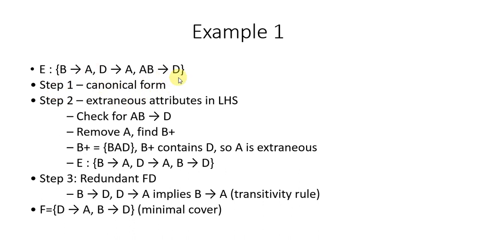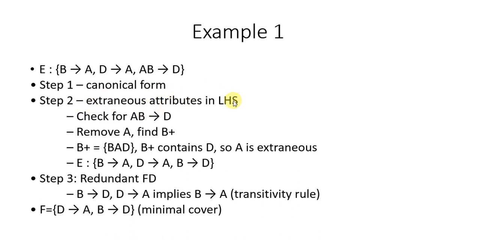So extraneous attributes in LHS, that is, check for AB to D. Okay, AB to D, and remove A and find B plus. Suppose we remove A and find B plus. So what is B plus?